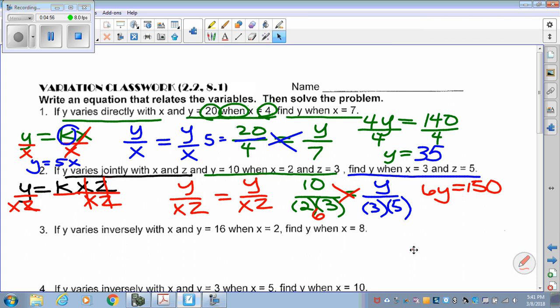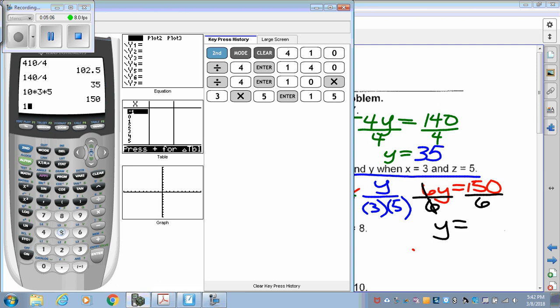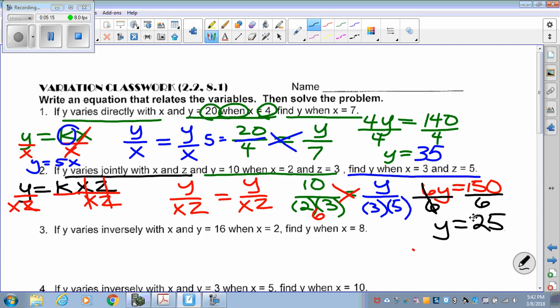All right, now I want that y by itself. 6 times y, so I'm going to divide by 6, right? And I get y equals, and I'll just take 150 and divide by 6. And I get 25. So y equals 25. And that's my final answer.